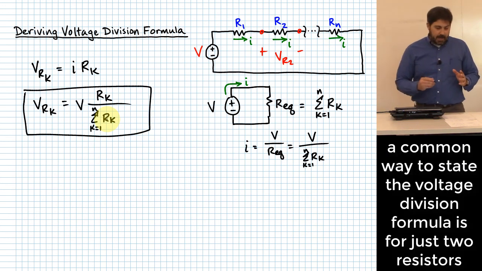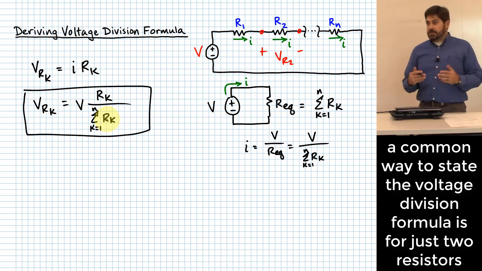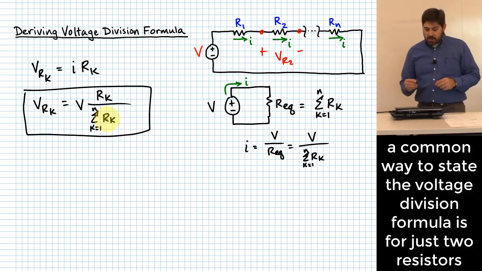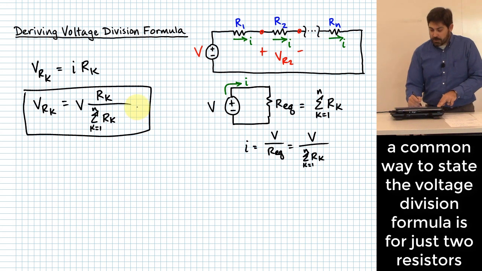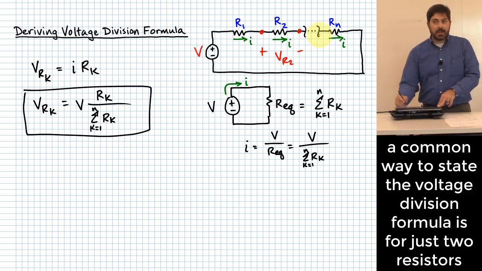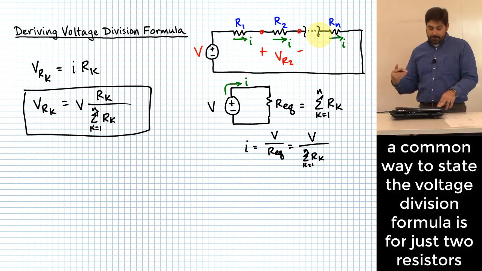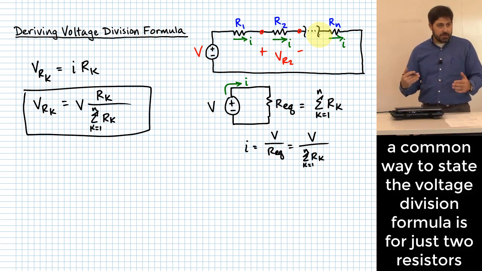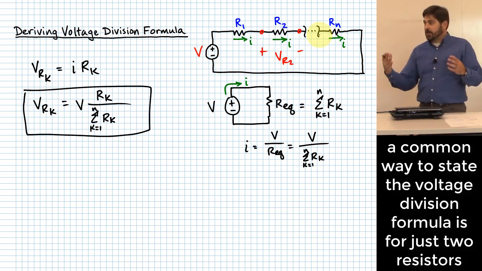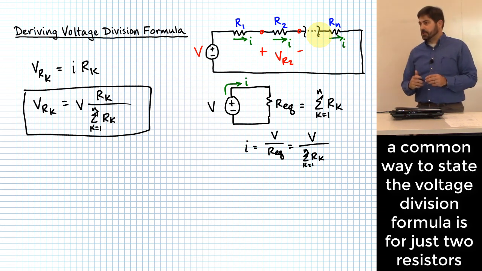Now, I don't know how some of the other sections of this course present this. They may not show you this full version where you can use N resistors in series. Very often when people derive a voltage division type of formula, they restrict their discussion to just two resistors.